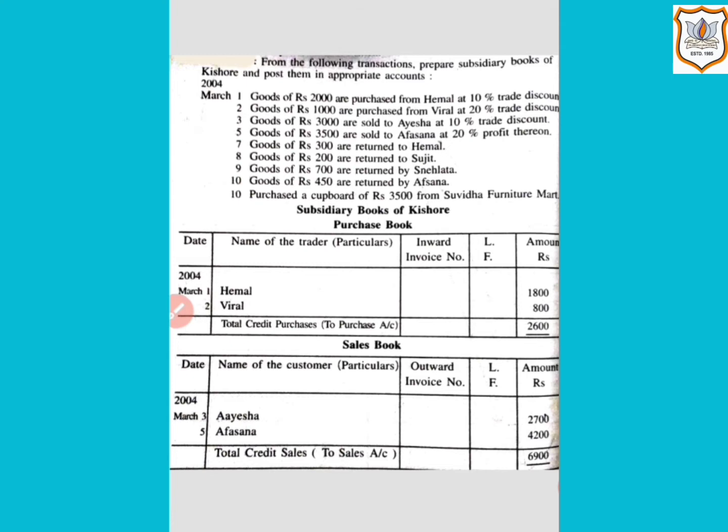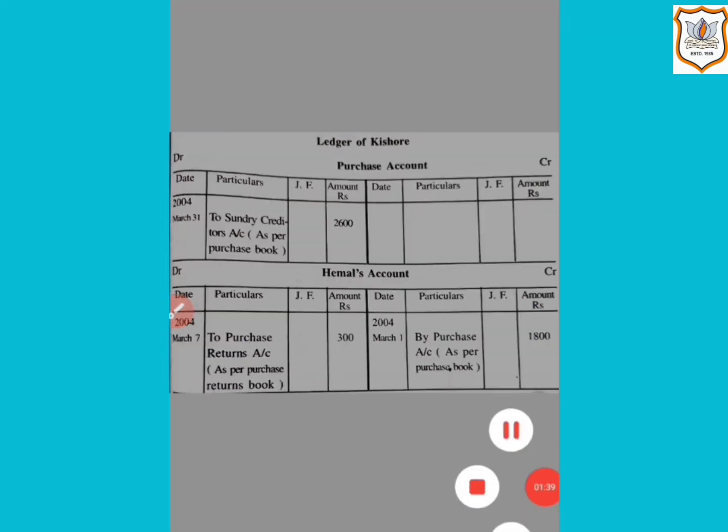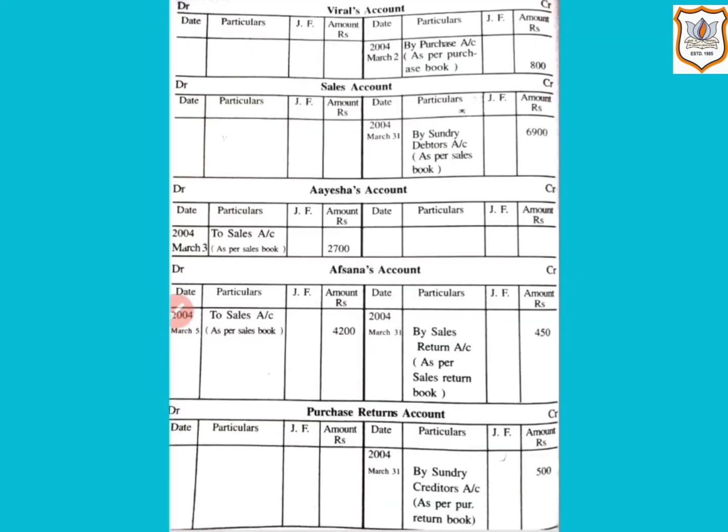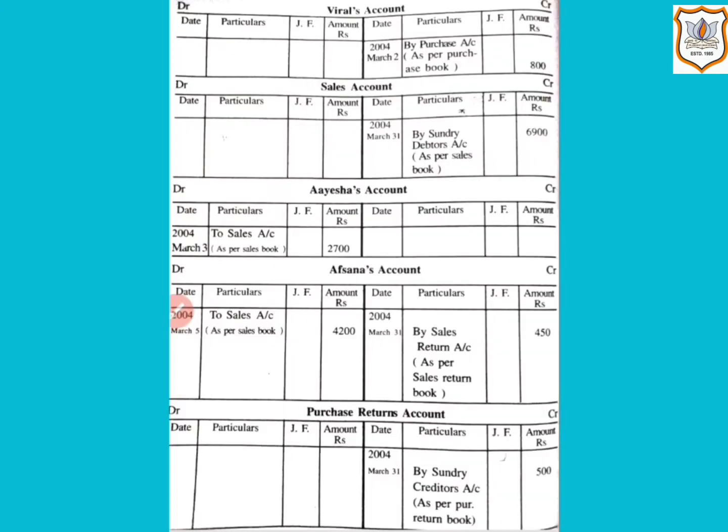So our first step is to open the purchase account, and the accounts of all traders who are creditors for us will be opened. So here Hemal's account, then Viral's account will be opened. Then after that we will open the sales account.